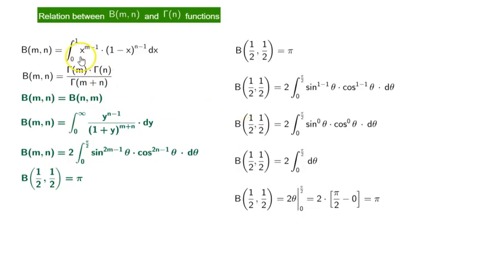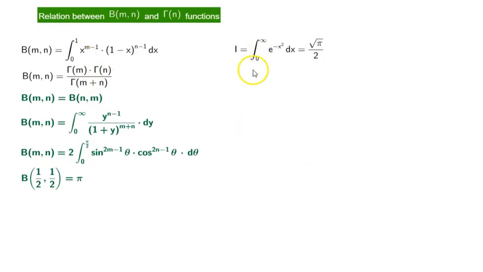Interesting, right? Now, I is equal to the integral from 0 to infinity of e to the power of minus x squared dx, which is equal to root pi by 2. This doesn't look anything like this. So let's see how we can prove this. Let's do the substitution u is equal to x squared. So du is equal to 2x dx.